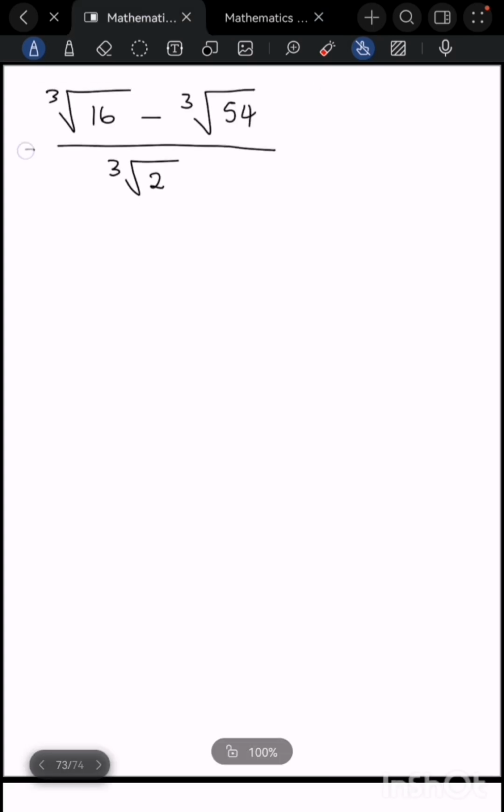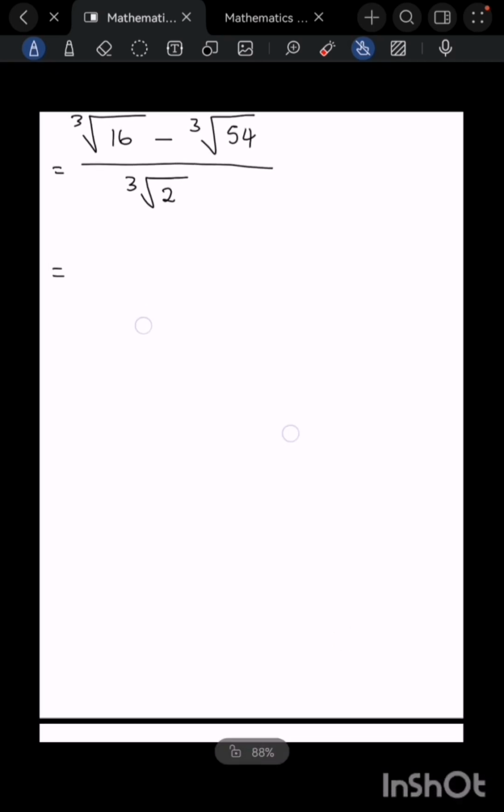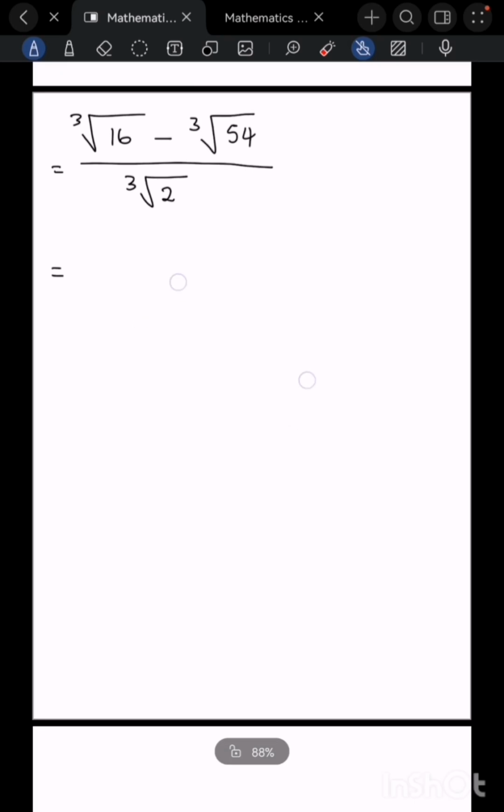All right, we have the cube root of 16 minus the cube root of 54, all divided by the cube root of 2. The cube root simply means, like the square root, for instance, the square root of 4 simply means that 2 squared is 4.